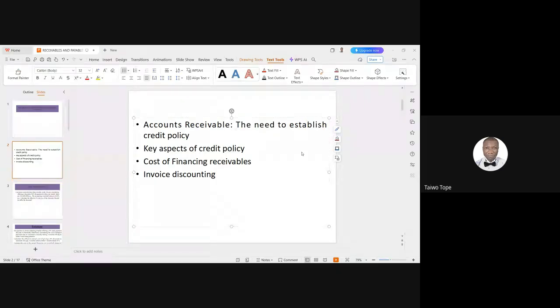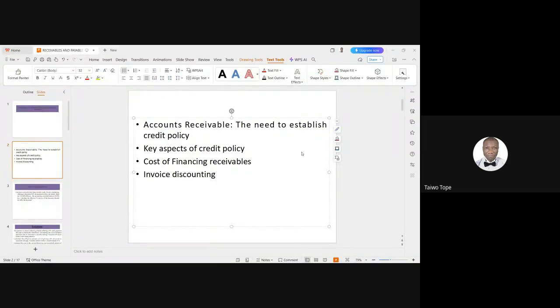So now, still talking about receivables. When you give your customers receivables and the receivable has fallen due over time, how do you follow up? You can come up with a reminder letter. You can come up with telephone calls.